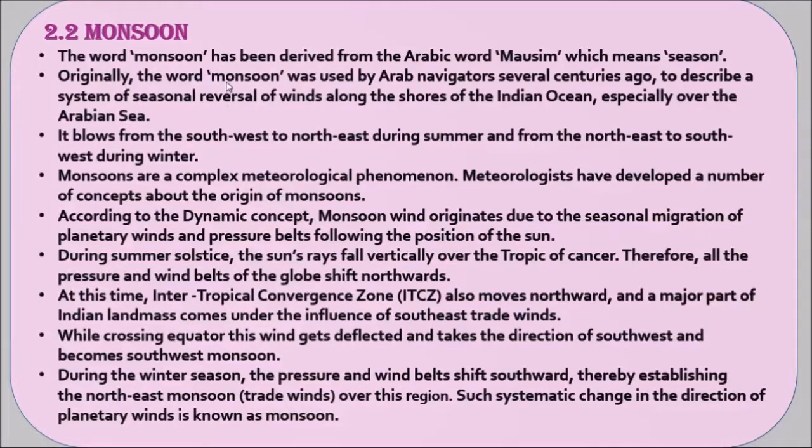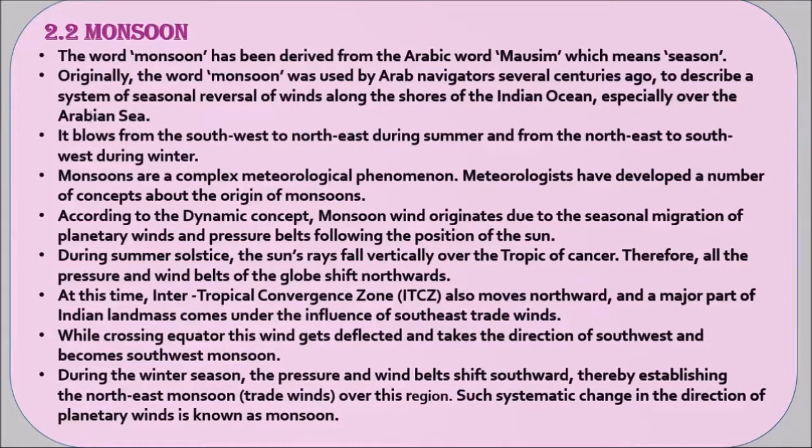Originally, the word monsoon was used by Arab navigators several centuries ago to describe a system of seasonal reversal of winds along the shores of the Indian Ocean, especially over the Arabian Sea.